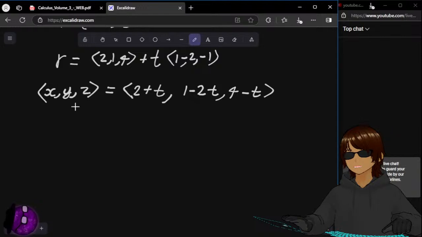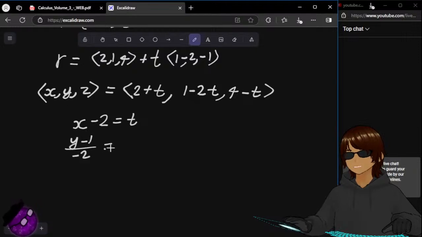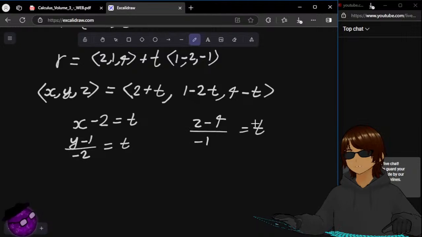So that means we make t the subject of each equation. You have x minus 2 is equal to t, y minus 1 over negative 2 is t, and then z minus 4 over negative 1 is t.